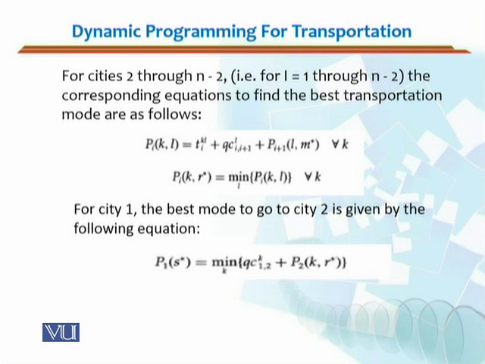That means the best solution coming from city 2. So you will look at all the modes for city 1 and you will find the minimum of it. Since it is the minimum over K, that means with different modes, QC and the P2 solution will be different. So you have to look at the minimum one for it.